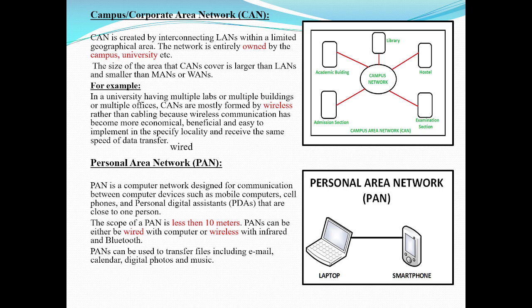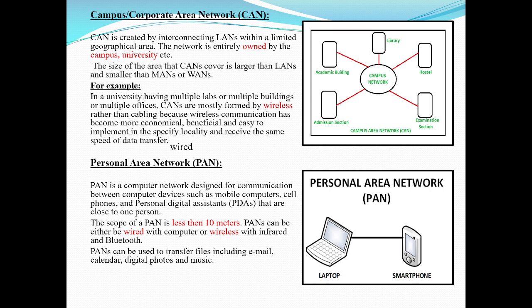Let us move to the campus area network. It is owned by a campus or a university. It is greater than a LAN and smaller than a MAN, which means a CAN comes in between LAN and MAN. Here they may go for wired or wireless communications, but mostly they prefer wireless.